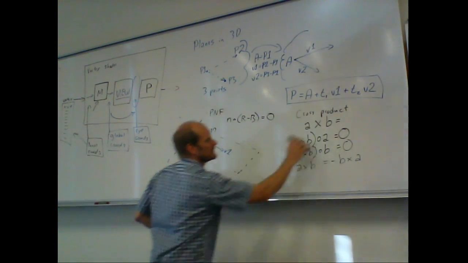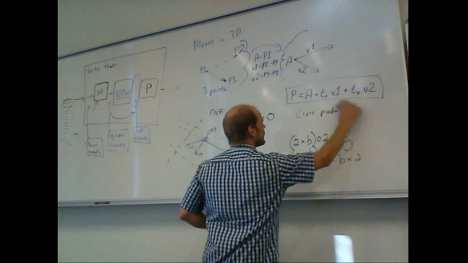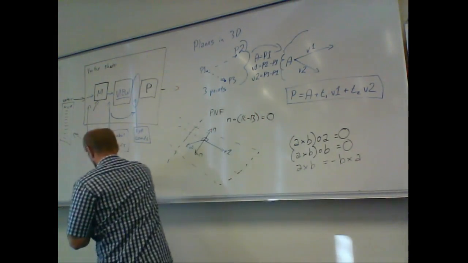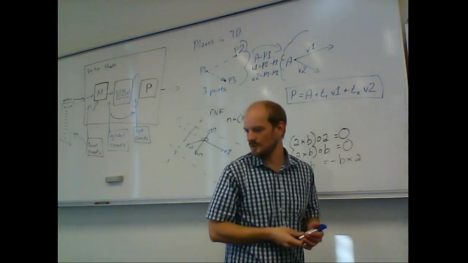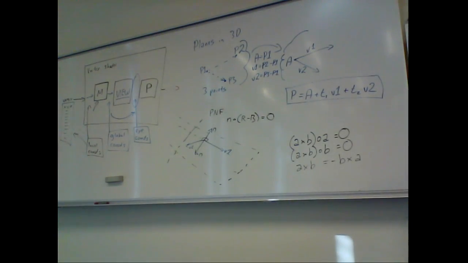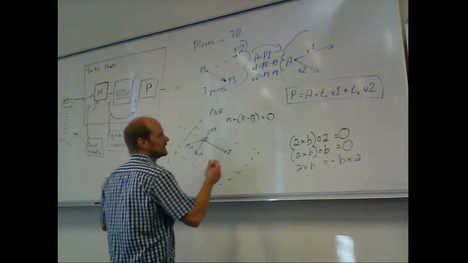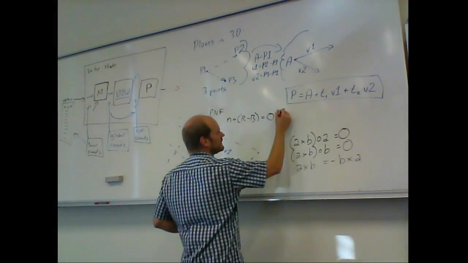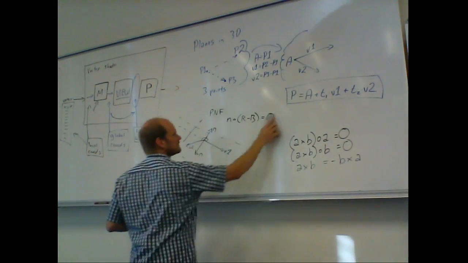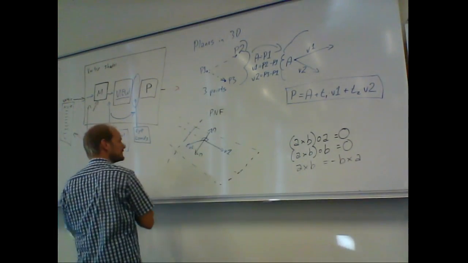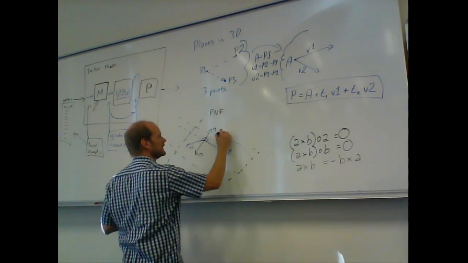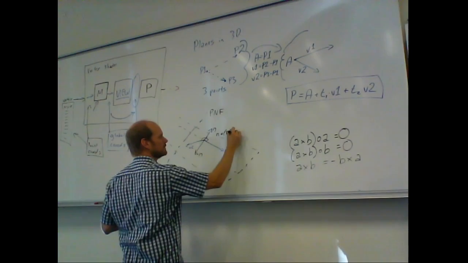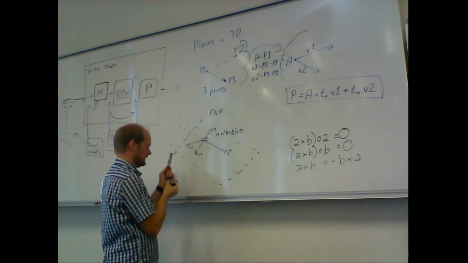So I'll write up the cross product itself here. I'll just do it in red to make sure that we see it properly. So A dot B is 0.